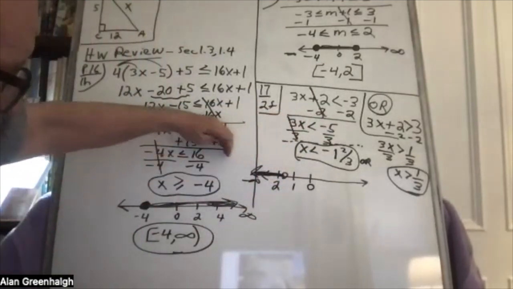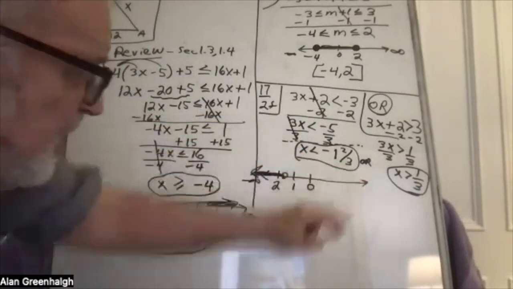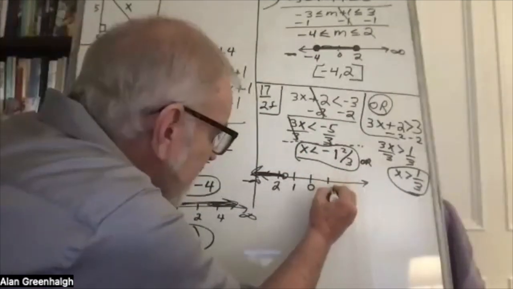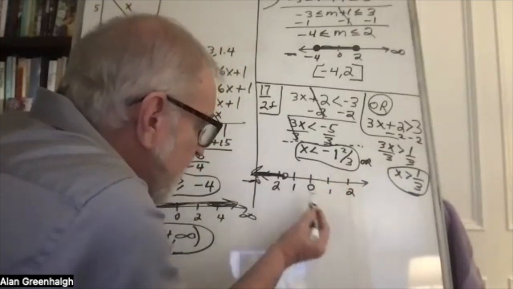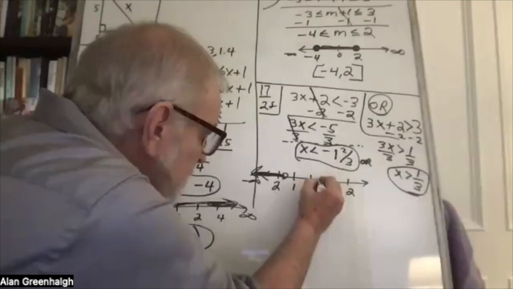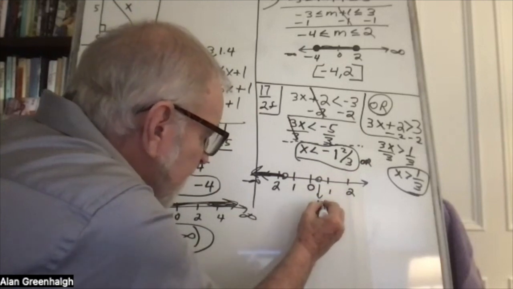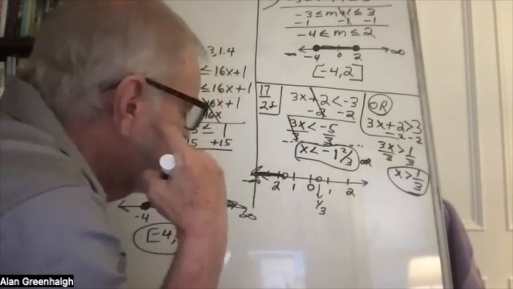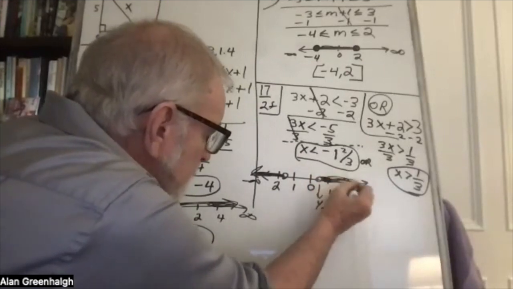Then here's 1, here's 2, greater than 1/3. It's very hard to find 1/3 on here, but it looks like it'll be right over there. You could put a little line down there to indicate that 1/3 is over there, and it's going to be greater than that.